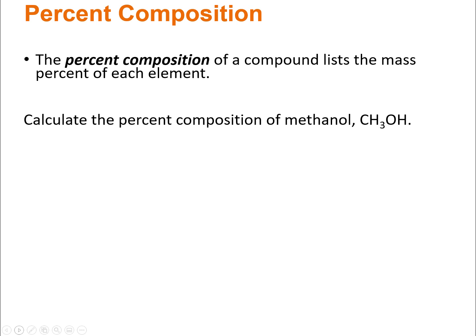We're going to start with talking about the percent composition. All that means is you list the mass percent of each element. So if I had methanol, CH3OH, the percent composition would tell me what percent of this compound is carbon, what percent is hydrogen, and what percent is oxygen.